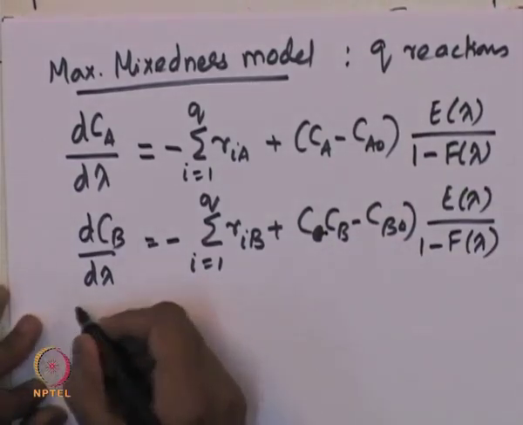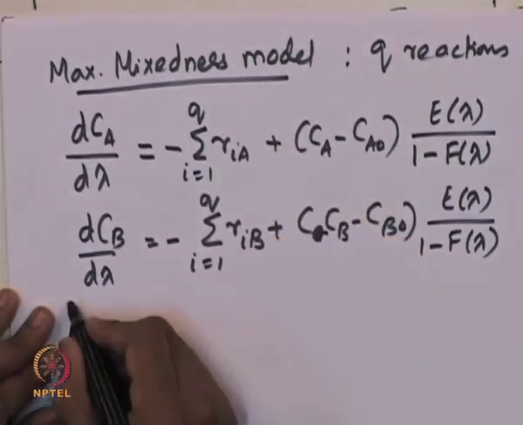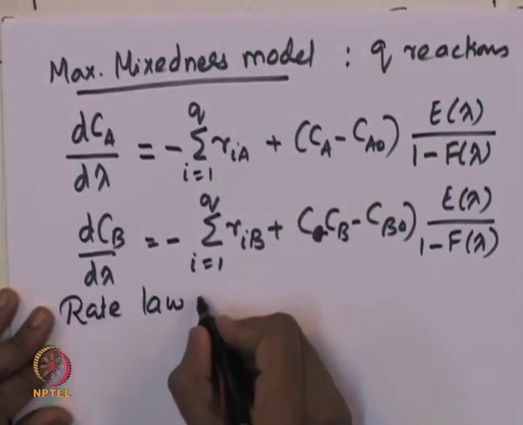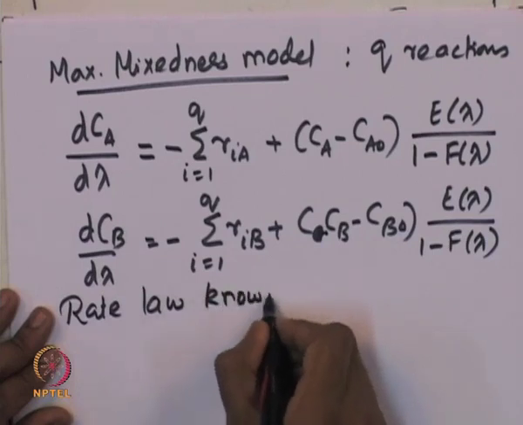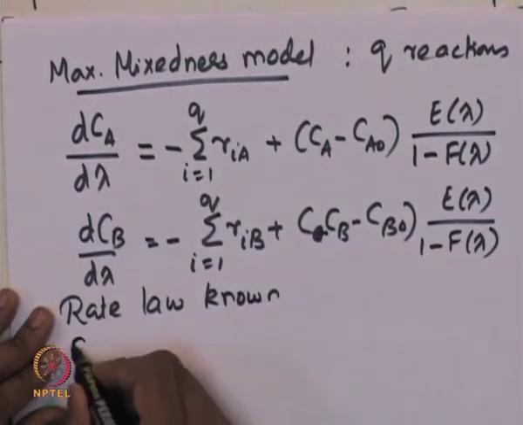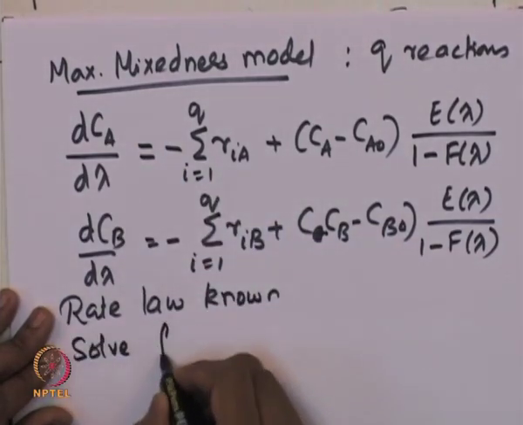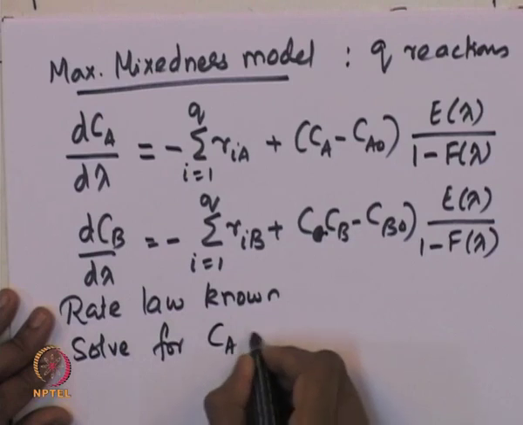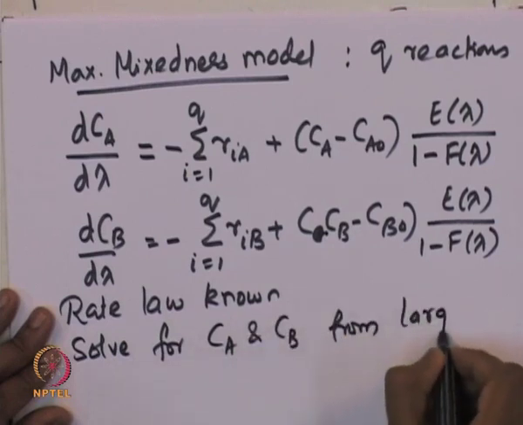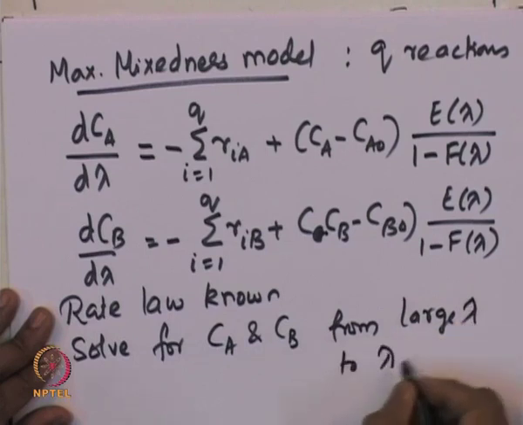Now, once we know the rate law for all of the reactions, we simply plug in this rate law and solve for Ca and Cb from a large value of lambda to lambda equal to 0.